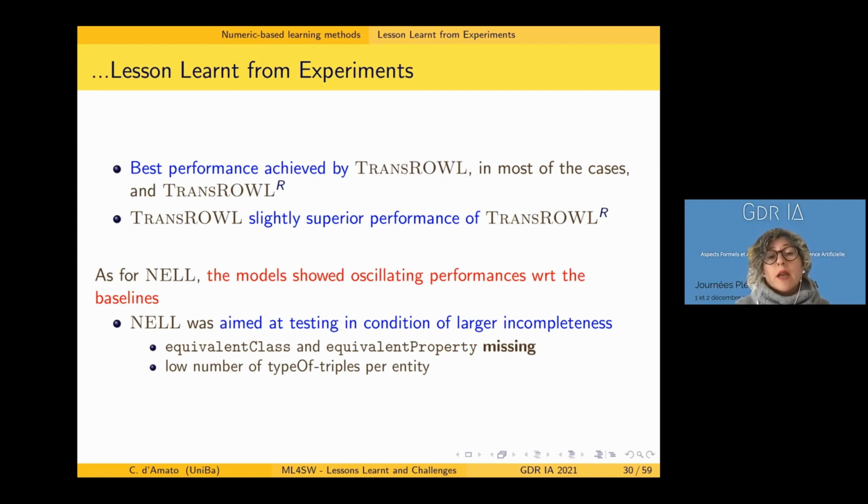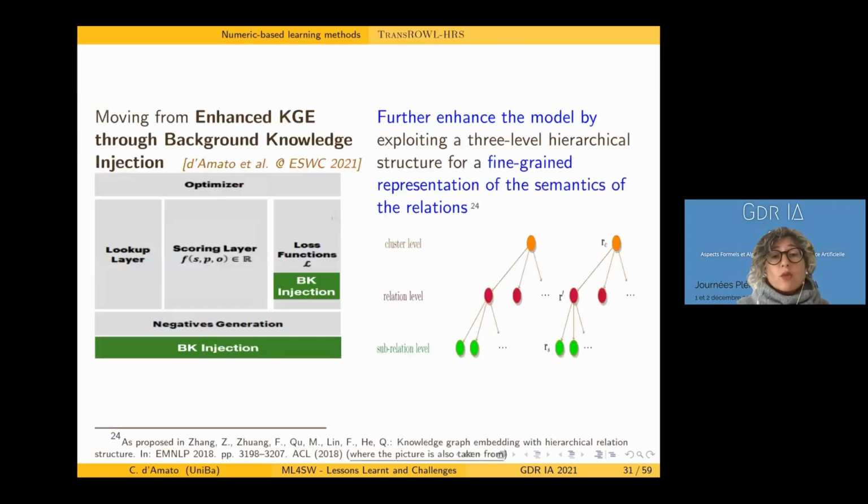Indeed, in this case the developed models registered oscillating performances with respect to the baseline, showing that more robust models need to be developed when missing information, specifically missing axioms, can be found within the considered knowledge graph, which actually motivated the idea of further enhancing the developed model by exploiting a more fine-grained representation of the semantics of the relationship.